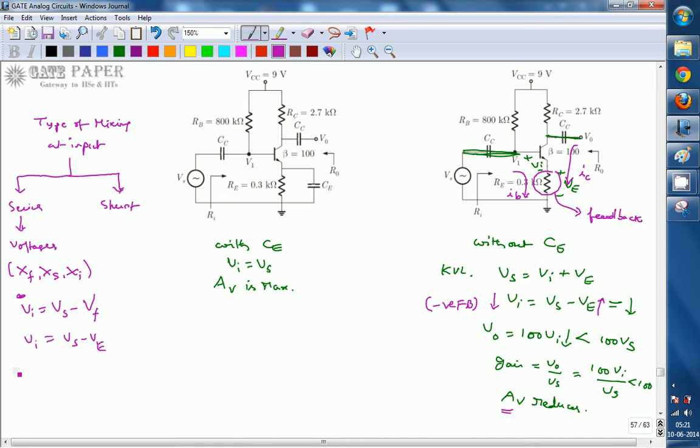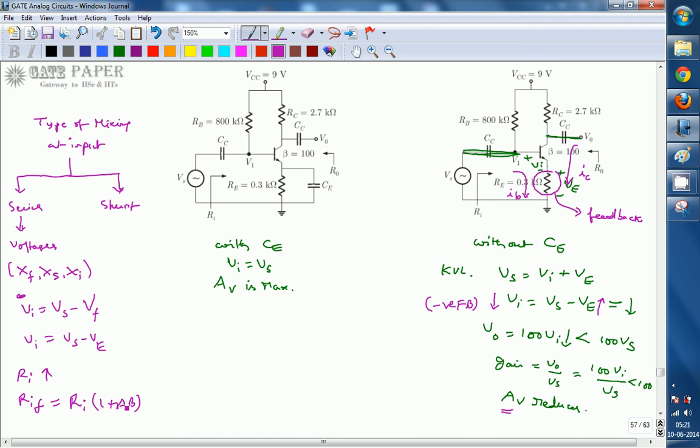In series mixing, the effective impedance increases, and with feedback Rif is Ri times (1 plus A beta). So Ri increases since it is series mixing, where the feedback signal, applied input signal and effective input signal are all voltages.